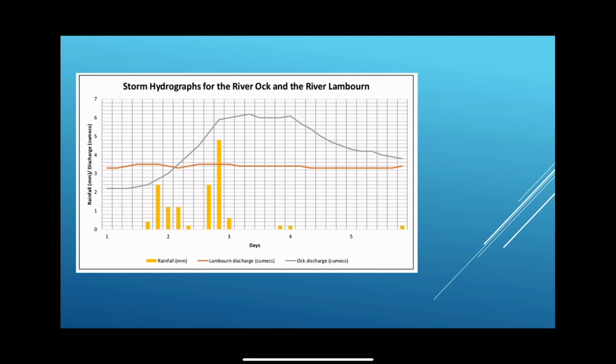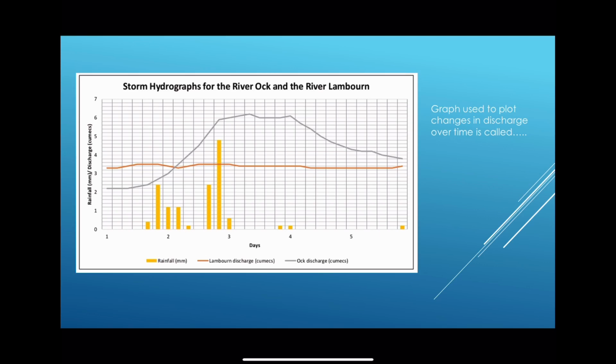The Lambourne one not changing as much as the Och, but what that shows you is that first of the two things, different rivers will have different discharges depending on a whole range of factors, but also the fact is we can display the changes in discharge in what we call a hydrograph. And all you need to know is that a graph used to plot changes in discharge over time is called a hydrograph.